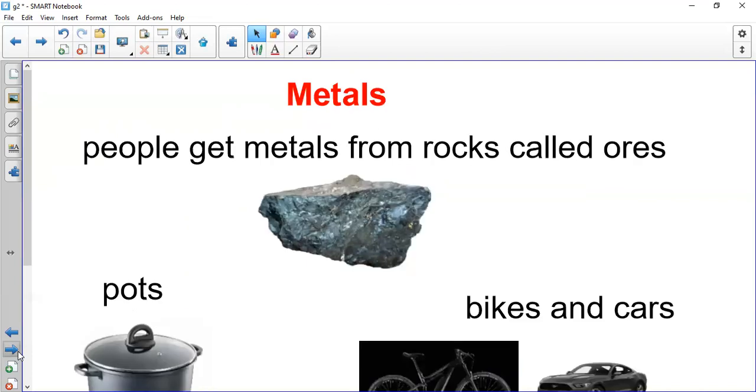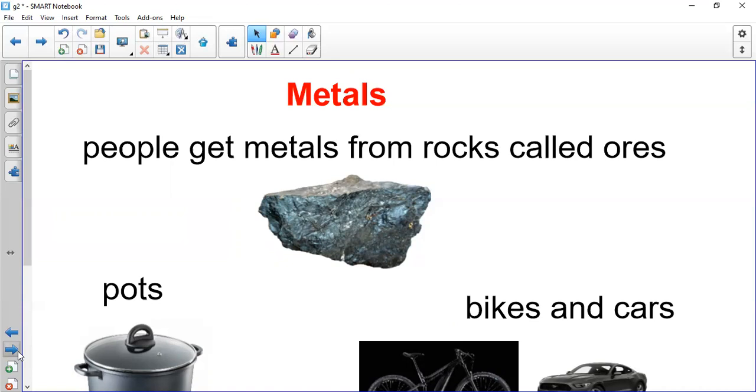Another type of natural resource, found in nature and not made by people, is metals. How can we get metals? We get metals from rocks called ores.